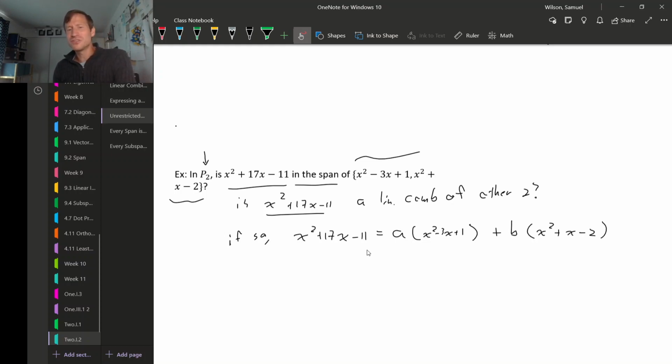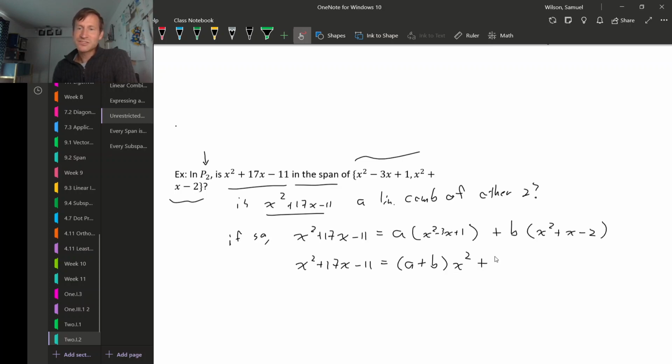Well, polynomials are equal only when coefficients on corresponding terms are equal. So maybe what we should do to clarify matters a little bit is group like terms on the right-hand side. For our x squared terms we have a coming from this one and b coming from that one, so a plus b times x squared.